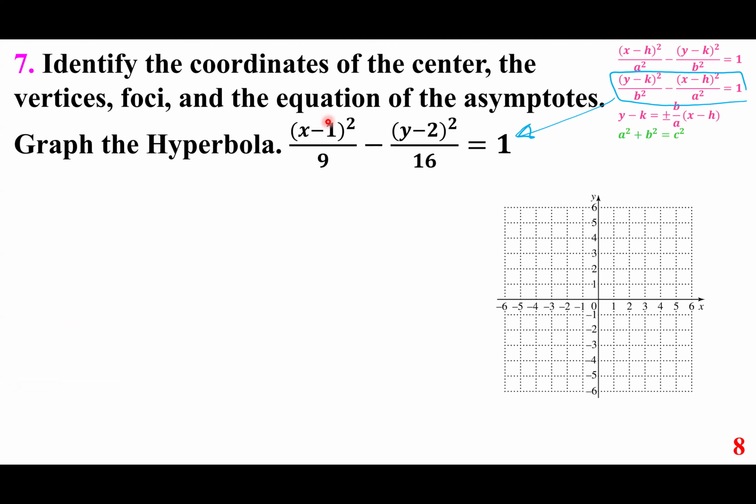Obviously, the center is located at 1, comma 2. A equals square root of 9, which is 3. B equals square root of 16, which is 4. So those are given. So the center is located at 1, 2. So 1 to the right, 2 up.